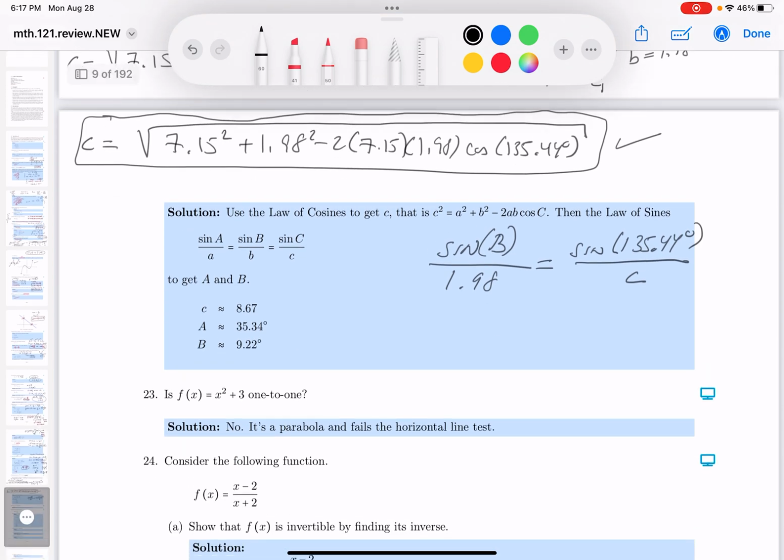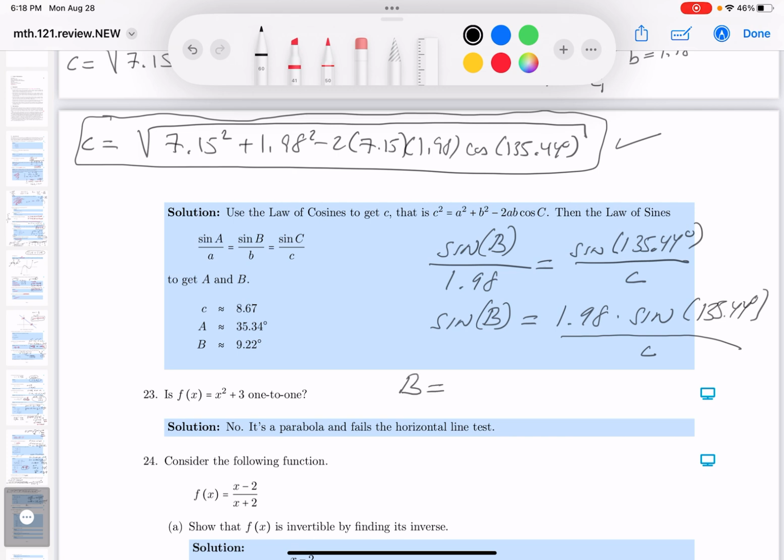Let's write this down. So sine of B, and again, this is what an exam would look like. 1.98 times the sine of 135.44 degrees over C. Again, C is in the box. I want B, though. What's B going to be?